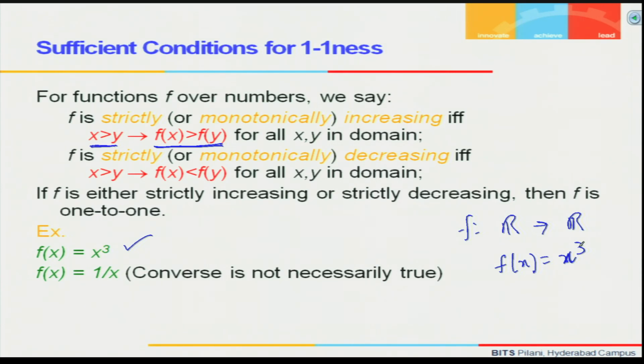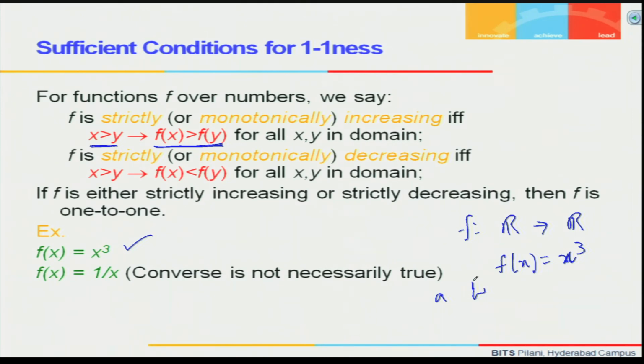So it will be 1 to 1, because you take two distinct elements in real numbers. Say let the two distinct elements be a and b, then you can assume either a less than b or b less than a because they are distinct.